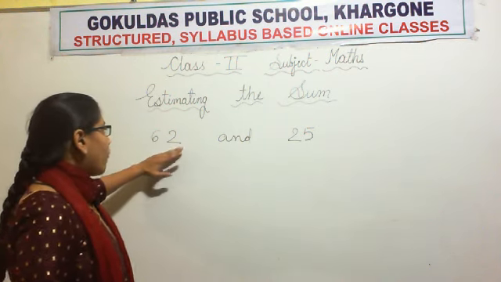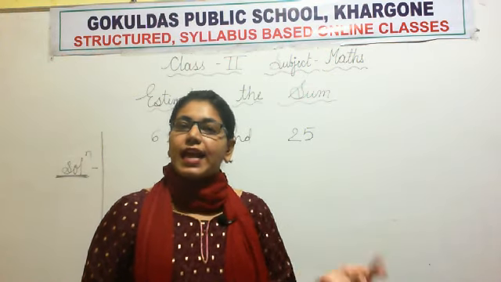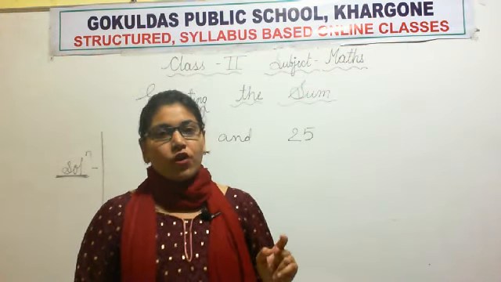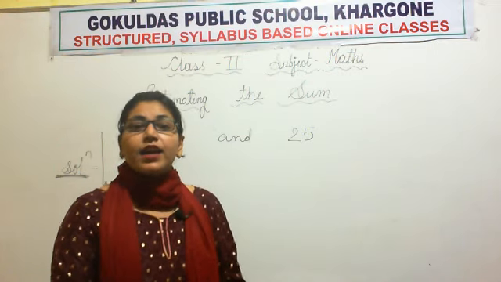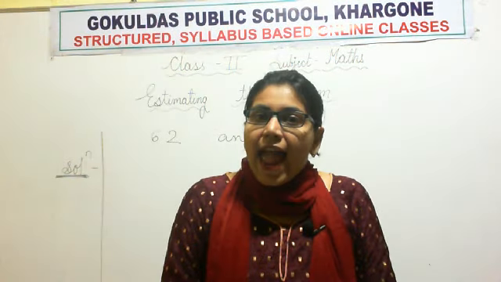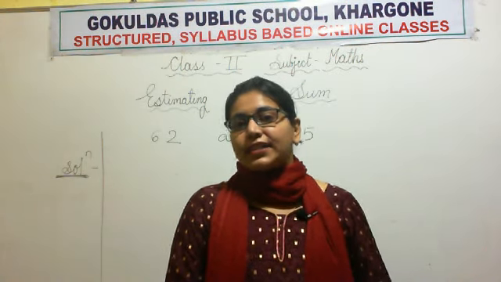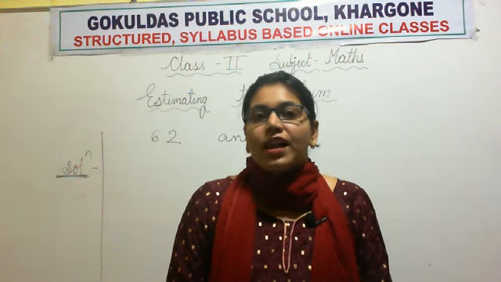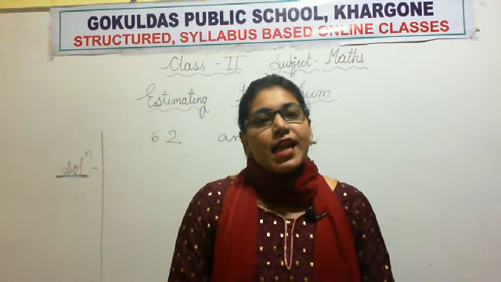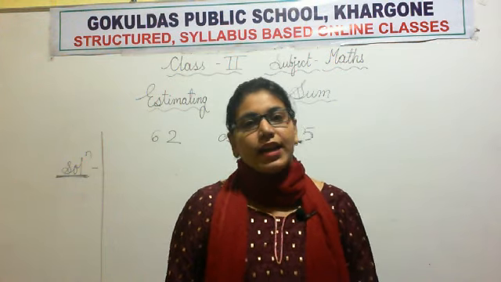Okay, so we will find both the actual sum as well as the estimated sum. First of all we will find the estimated sum, but how will we get it? When we add estimated values. So how will we get estimated values? We will round off both the numbers, then we will add the rounded off numbers, and we will get the estimated value.